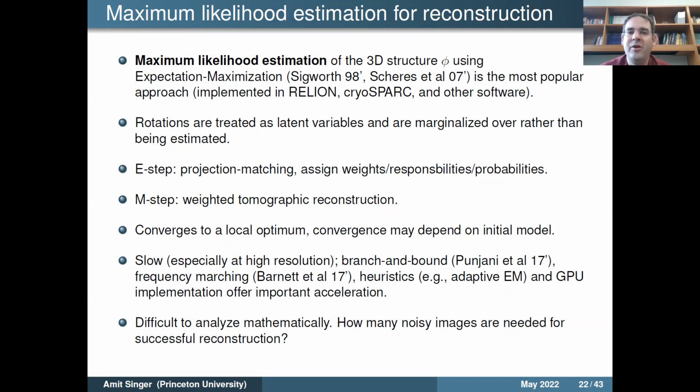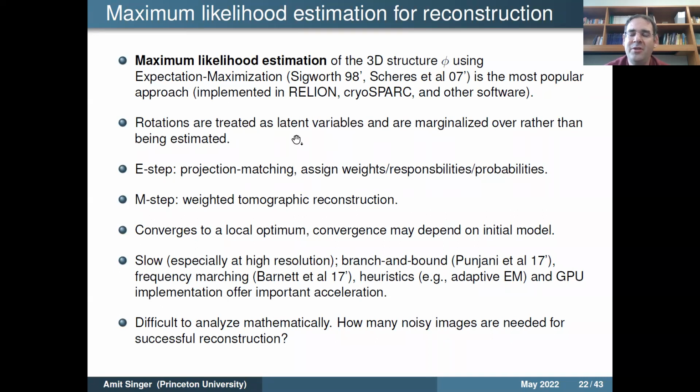Notice that in this framework, you treat the rotations as latent variables, so the parameter of interest in statistical language is the 3D structure. And then you can actually still prove consistency of MLE. One of the really nice things about maximum likelihood is that in the limit of increasing number of samples, when n goes to infinity, you converge to the true parameter value.